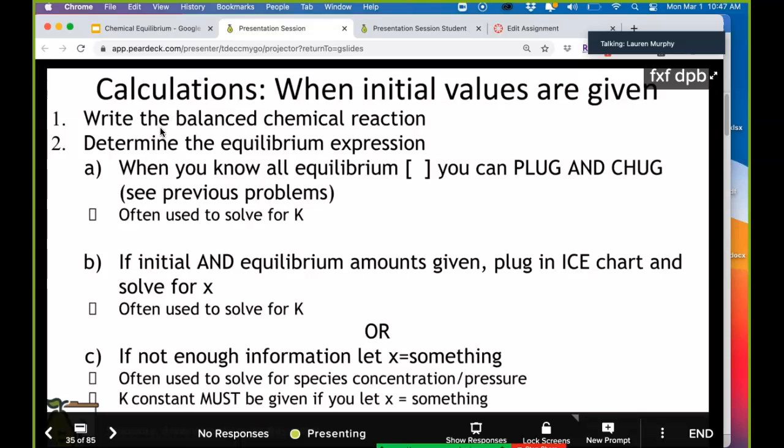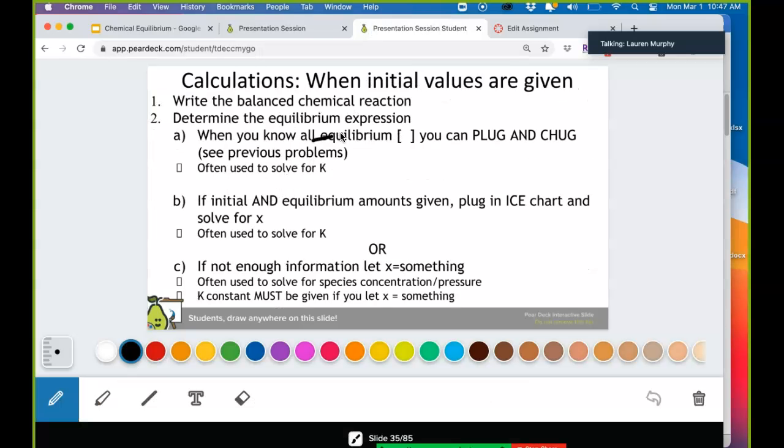The first thing you do when you have a reaction is write out the reaction and balance it. If you're doing equilibrium, the next thing to do is write an equilibrium expression. K equals products over reactants raised to their respective coefficient. And if you know all of your equilibrium concentrations, you can plug into your equilibrium expression and solve for K. Plug and chug. This is what we just did.